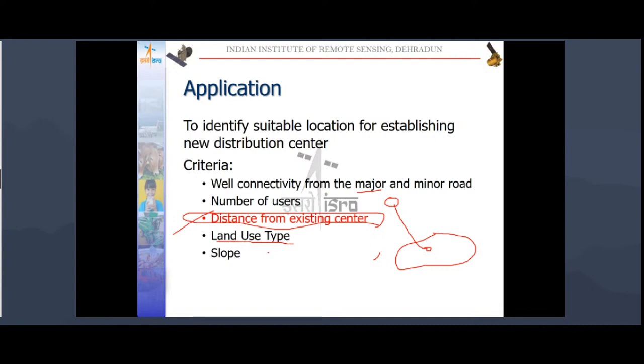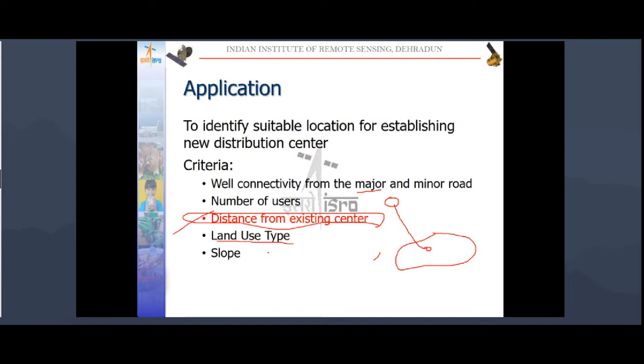Another criteria can be put here, that it should be sufficiently away from the city center, because when you enter the city center it will be a heavy traffic zone. So to avoid entering of your goods transportation vehicle in the heavy traffic zone, it's better to establish the center outside. So that criteria can also be included. Then slope.